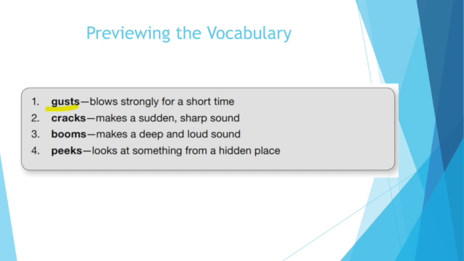The next word is cracks. Cracks means to make a sudden, sharp sound. The next word is booms. Booms means to make a deep and loud sound. Last, we have peeks. Peeks means to look at something from a hidden place.